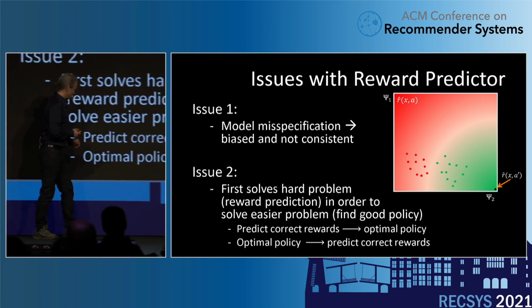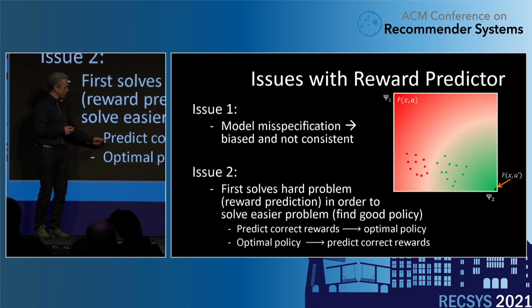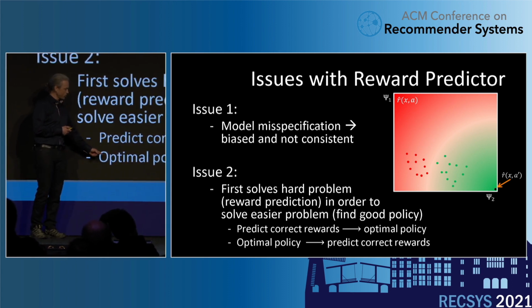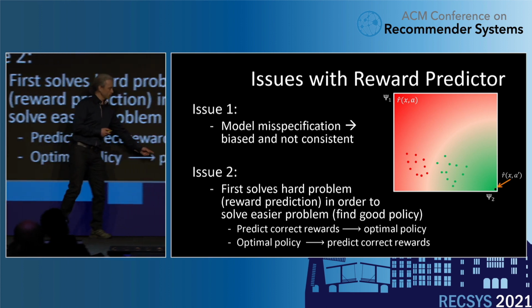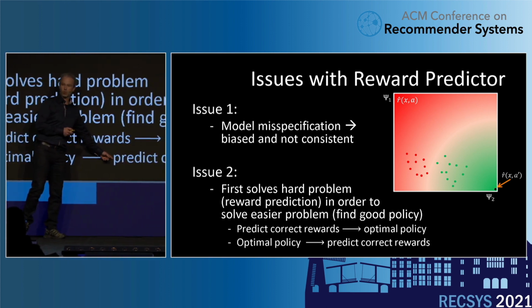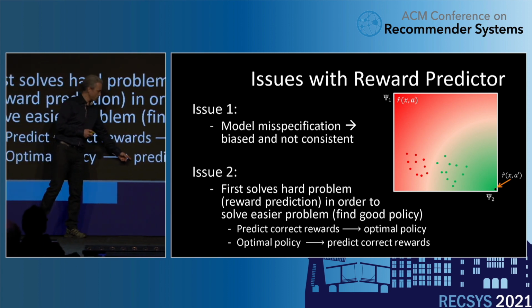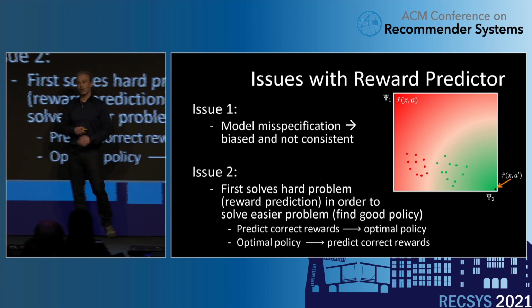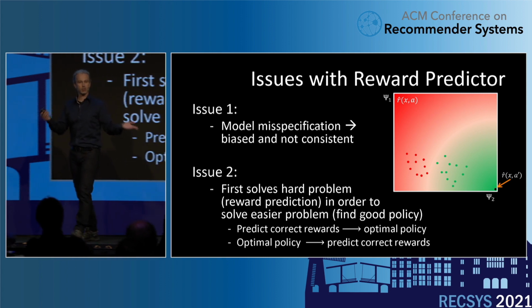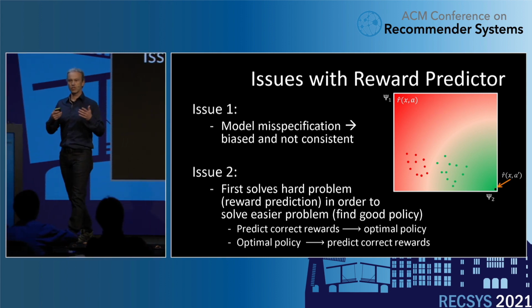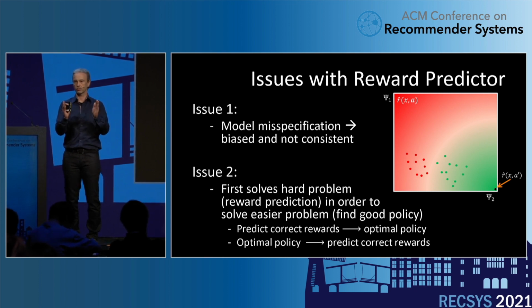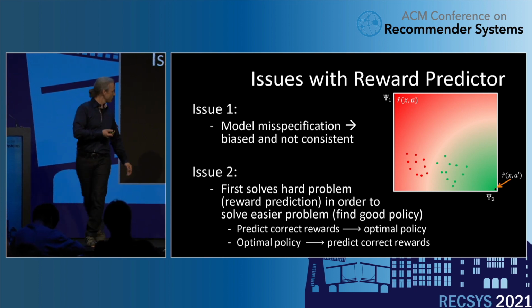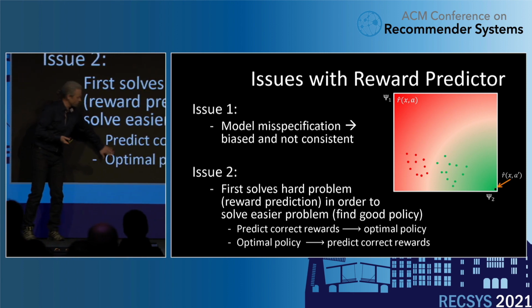But this is a harder problem than finding the optimal policy, because if we have the optimal policy, we don't necessarily need the correct rewards, right? We can't read off what the predicted rewards are. The optimal policy just acts and picks the right action, but it doesn't actually need to cardinally predict what's the right reward. So arguably, this problem can be easier than reward prediction.